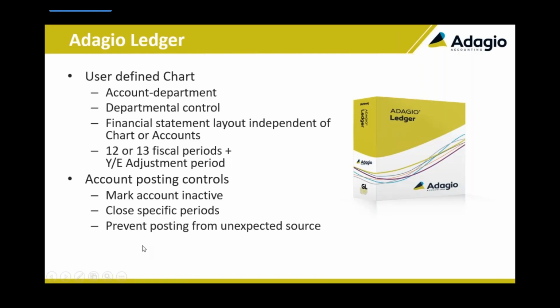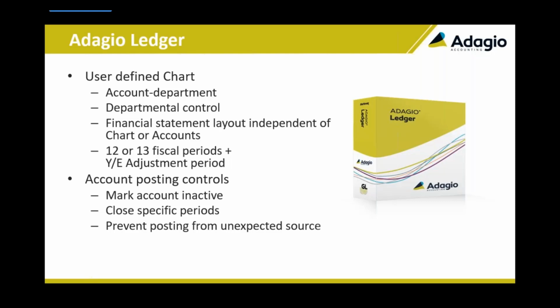Once you've done the financial statements for a period, you can close those periods so that people can't post to those. You'll get an error transaction. You can say that the control accounts can only be posted to from AR so that people can't inadvertently post to one of the control accounts, throwing it out of balance with the subledger. So there's lots of error checking available.